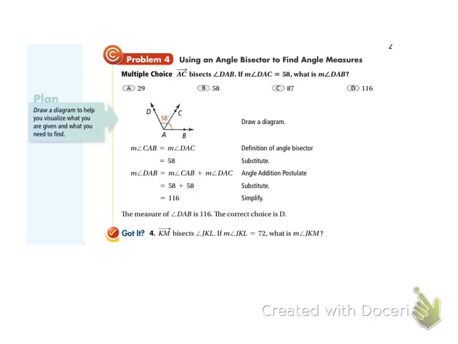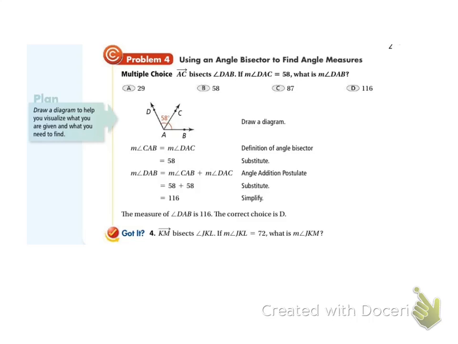So in this first picture in their example, it's marked that DAC is 58 degrees, and I'm told that AC bisects angle DAB. So I know DAC is congruent to CAB. And if DAC is 58, then CAB must be 58. So I can add those two angles together and figure out the angle DAB is 116.